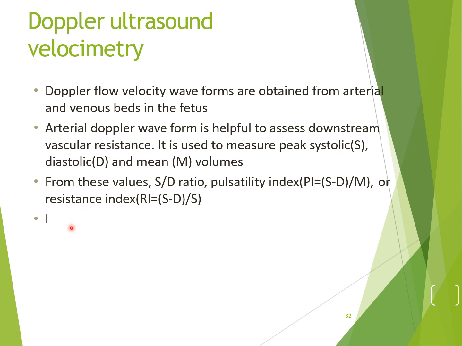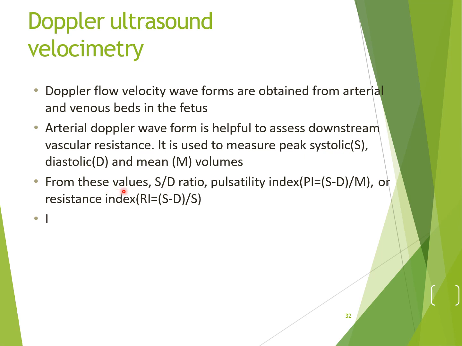Next is Doppler ultrasound velocimetry. Doppler flow velocity waveforms are obtained from the arterial and venous blood in the fetus. Arterial Doppler waveform is helpful to assess the downstream vascular resistance. It is used to measure the peak systolic, diastolic, and mean velocities.